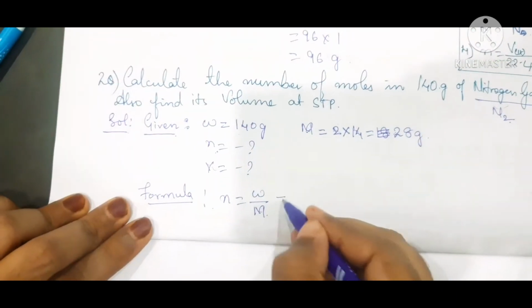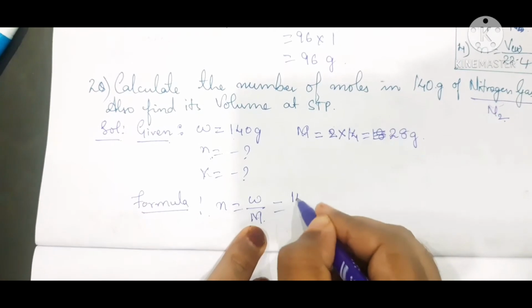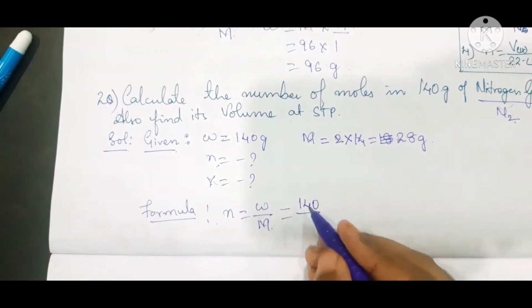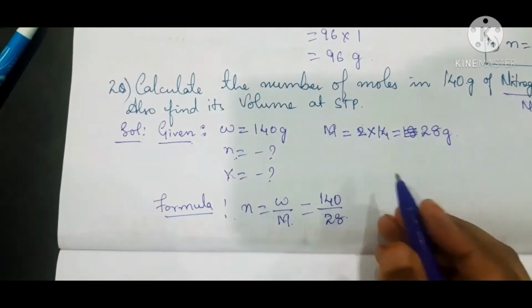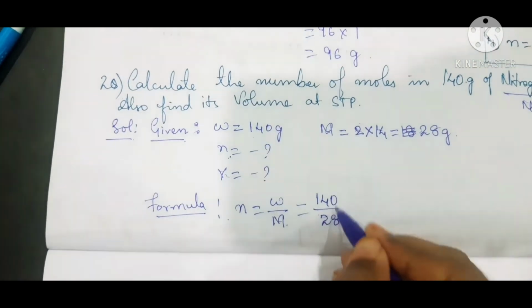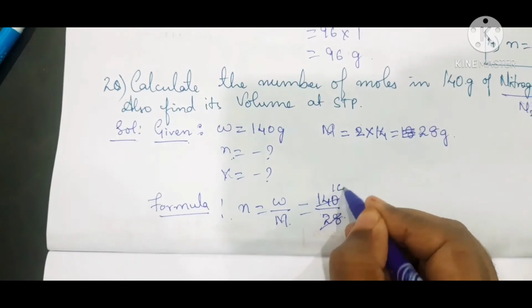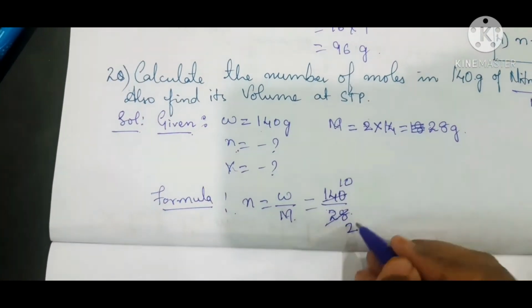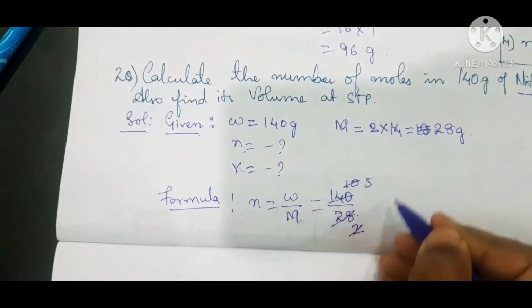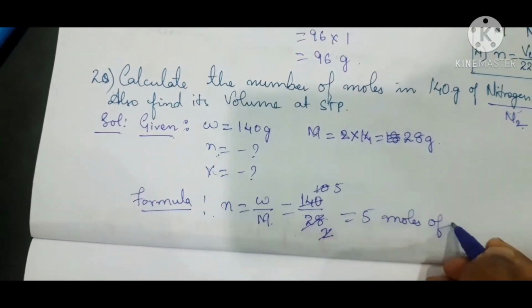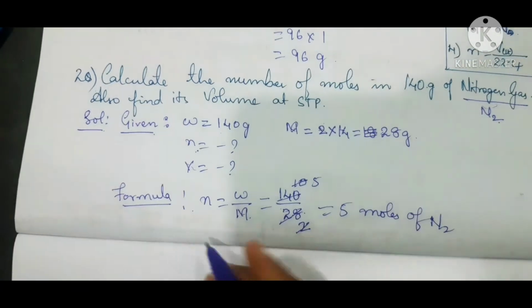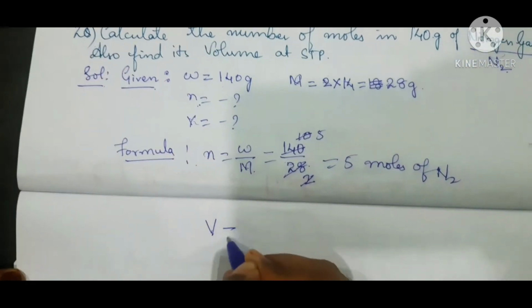Now let me substitute: 140 by 28. 14 ones are 14, 14 twos are 28, 2 fives are 10. That comes to 5 moles of nitrogen. Now we need to find the volume.